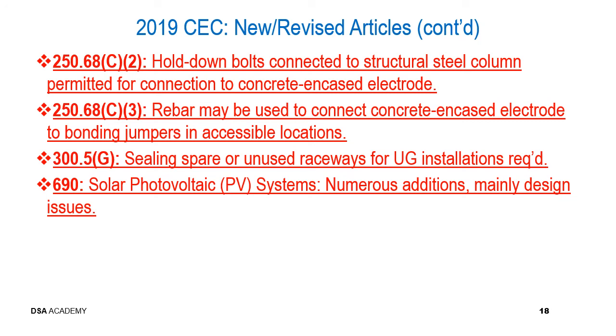Article 300.5G, sealing spare or unused raceways for underground installations is required. And for Article 690, solar photovoltaic systems, there are numerous additions, and these are mainly design issues. However, it may be worth reviewing.